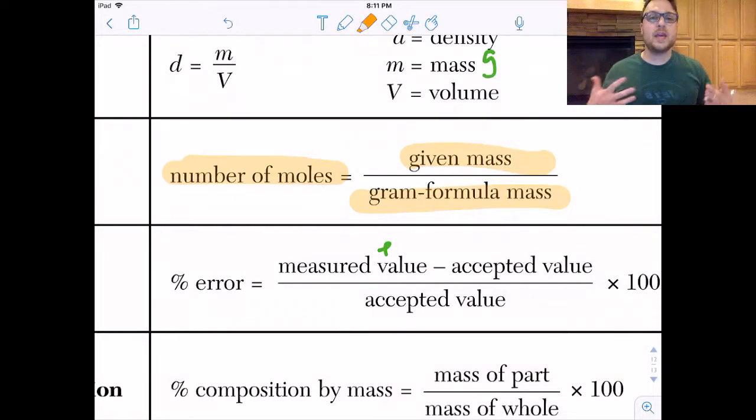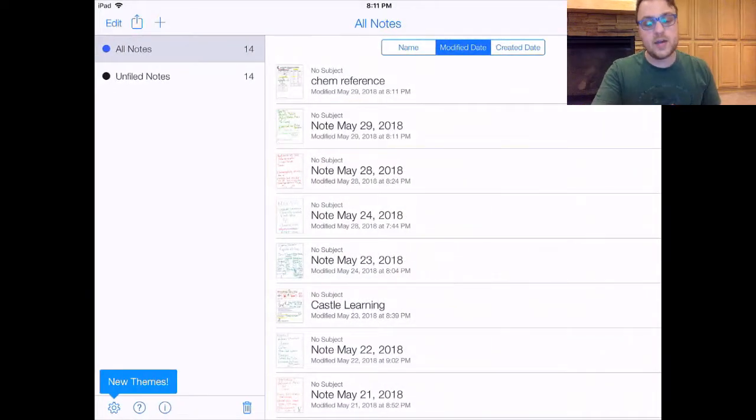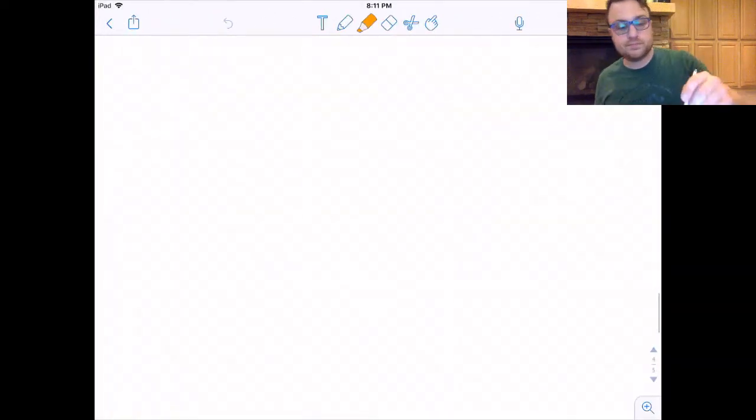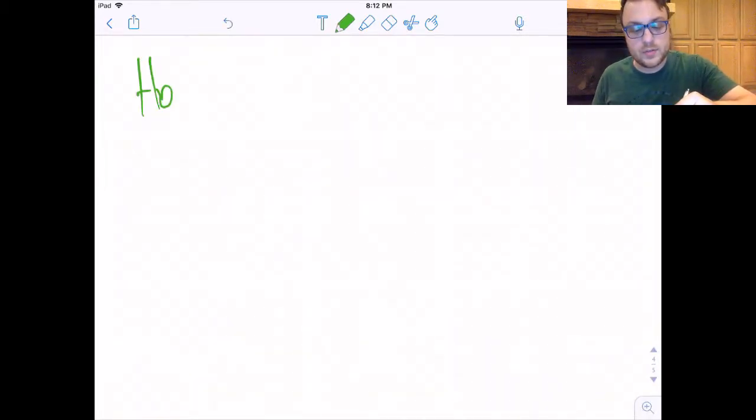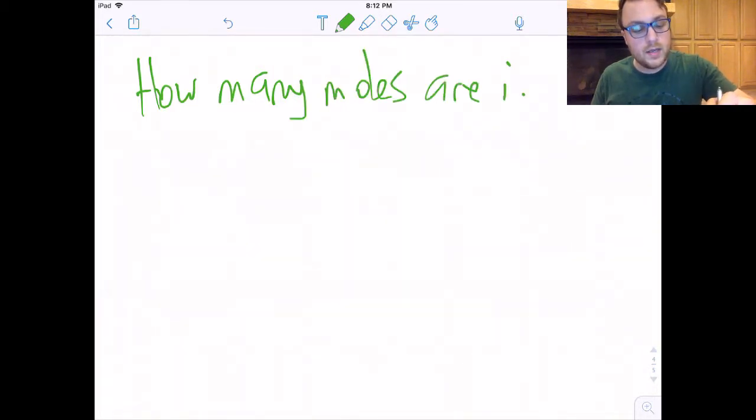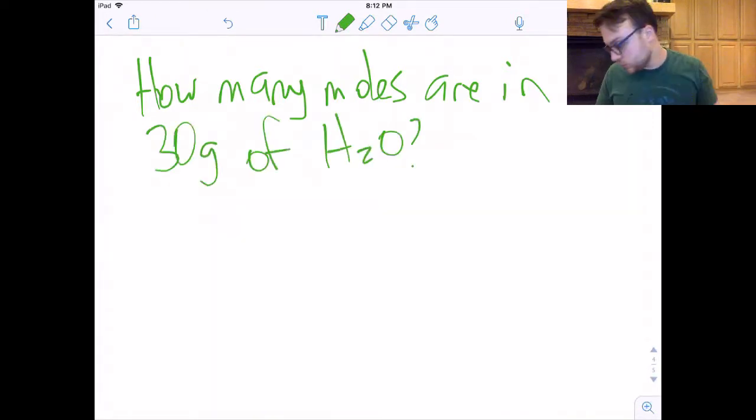So let's do a couple calculations involving moles. What if the question was, how many moles are in 30 grams of H2O? Good old water. So, how many moles are in 30 grams of H2O?